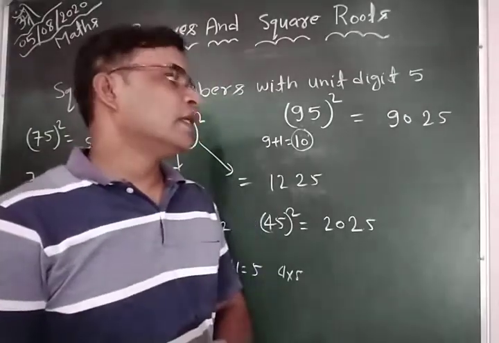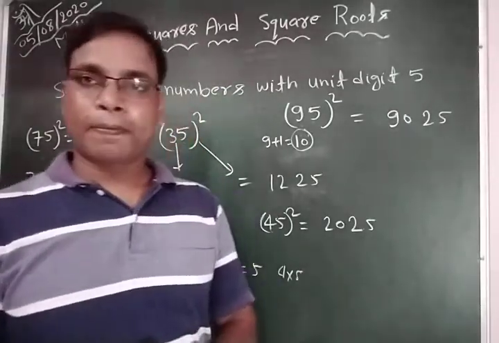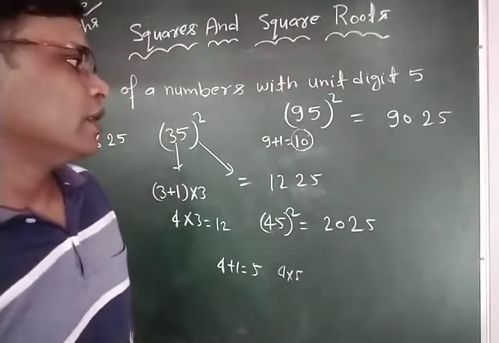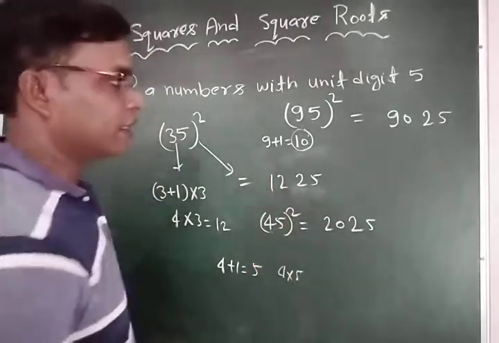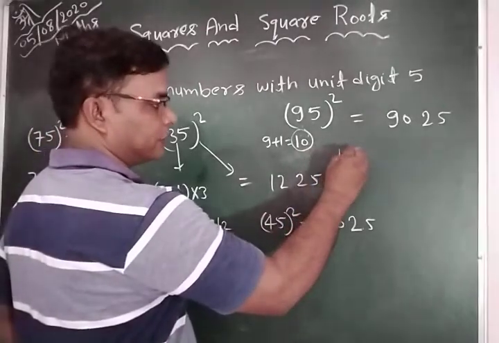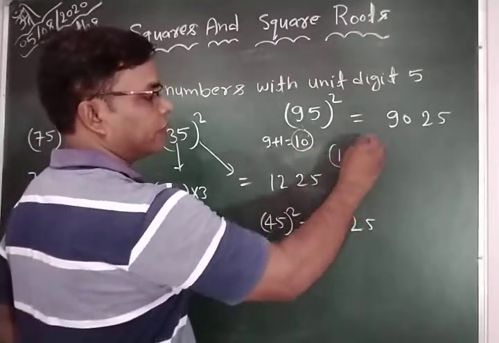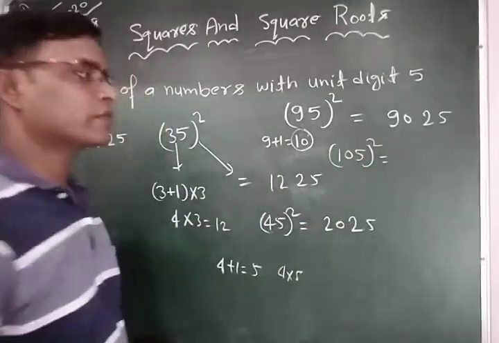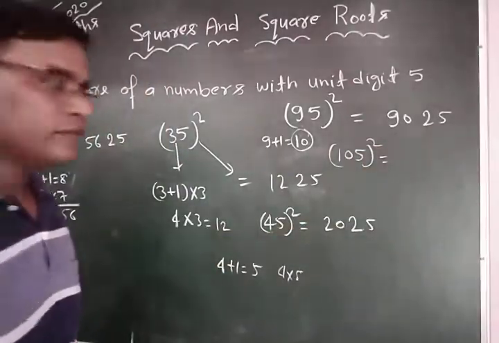95 is 9025. Okay, if you need to find the square of 105, the unit place gives 25.